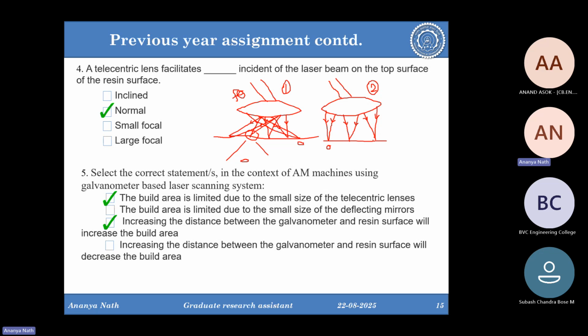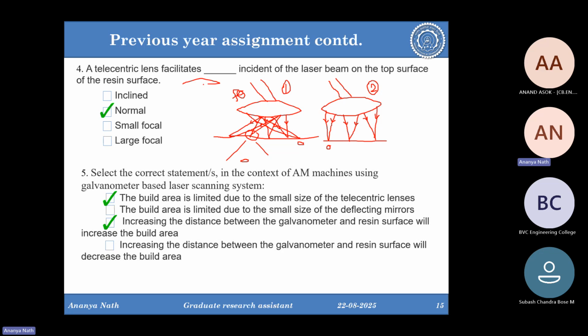So the fifth question is, the build area is limited due to the small size of the telecentric lens, because the build volume is totally dependent on the size of the telecentric lens. And increasing the distance between the galvanometer and resin surface will increase the build area. If you move the galvo scanner far away from the resin surface, obviously you can cover a bigger area.